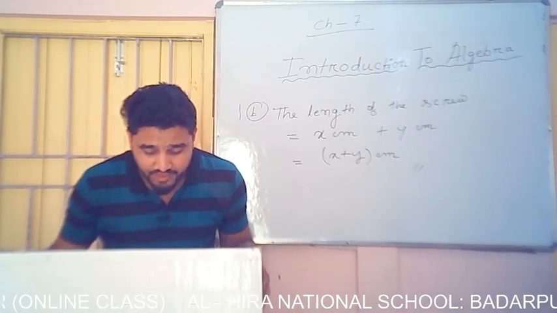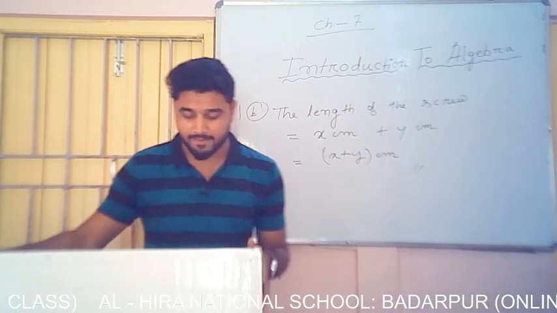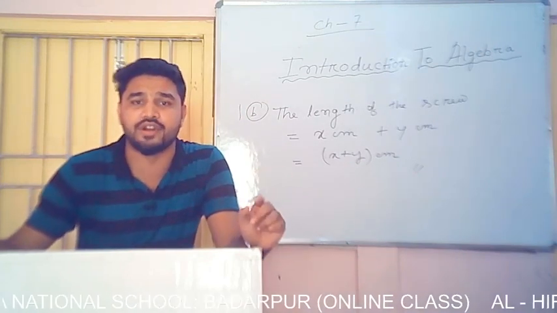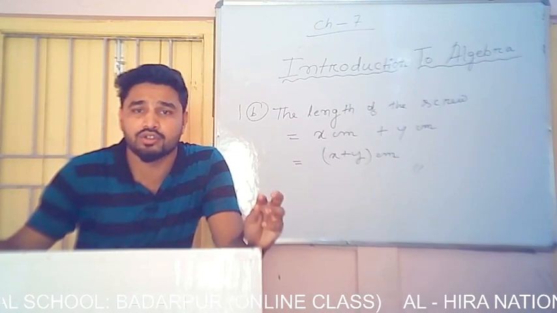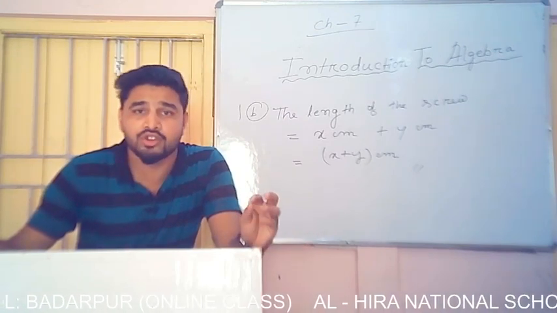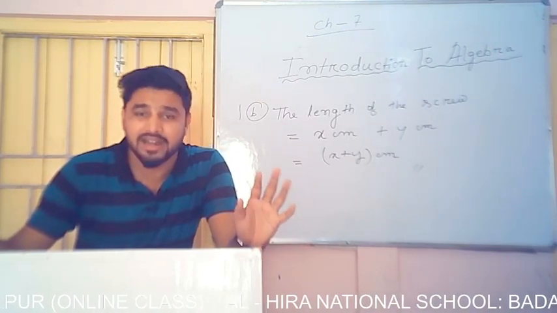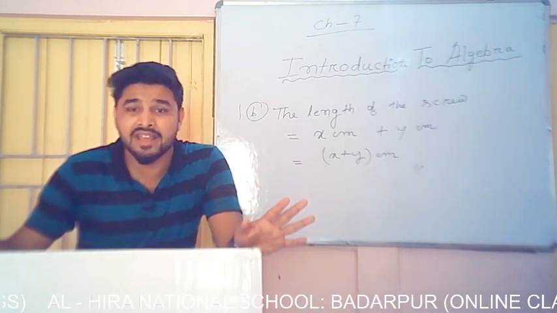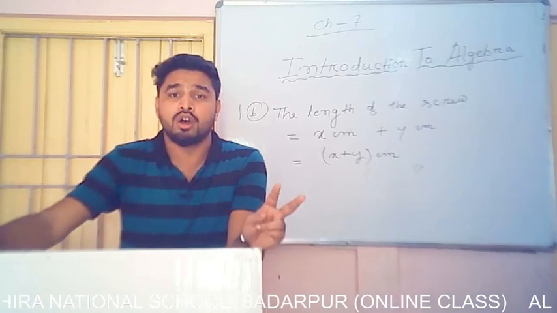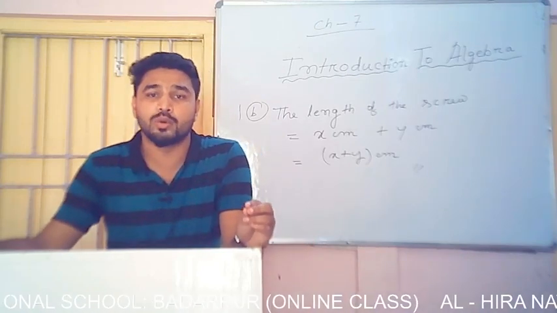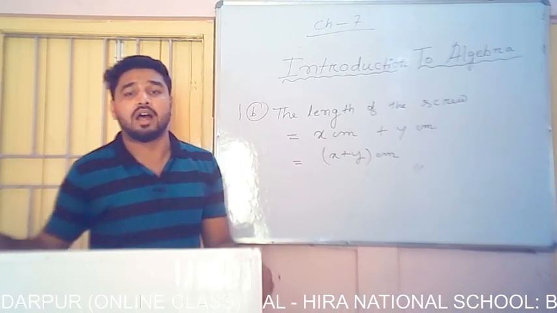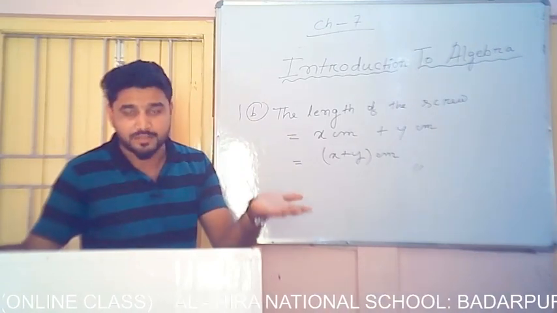Now come to question number C. Write the total cost of these fruits. Here in the question the costs of 2 fruits are given and we have to find the total cost of the fruits. The cost of apple is x rupees and the cost of banana is 1 rupee. So the cost of the total fruits will be x plus 1 rupee.